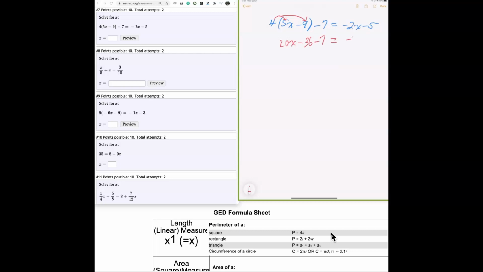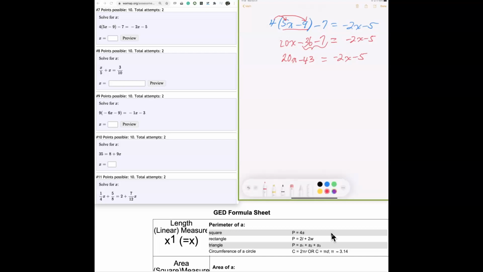That's equal to negative 2x minus 5. And now that we've expanded this expression, we can combine the negative 36 minus 7, which will be negative 43, and we'll have 20x minus 43 is equal to negative 2x minus 5.